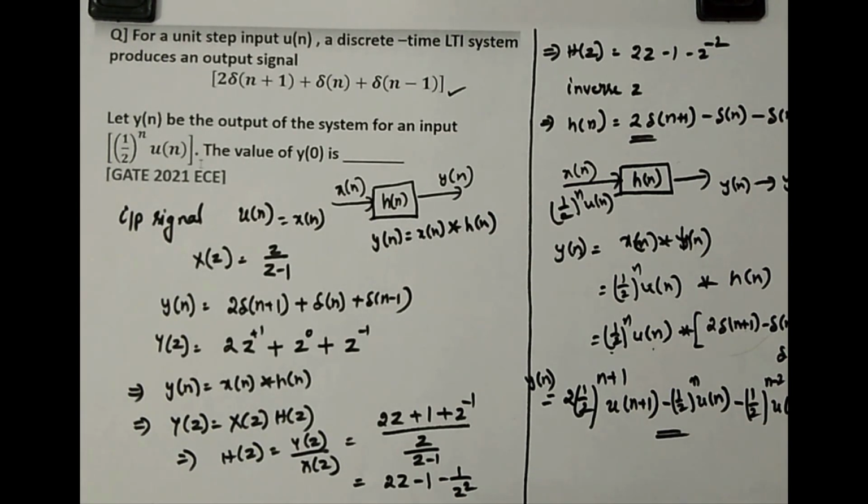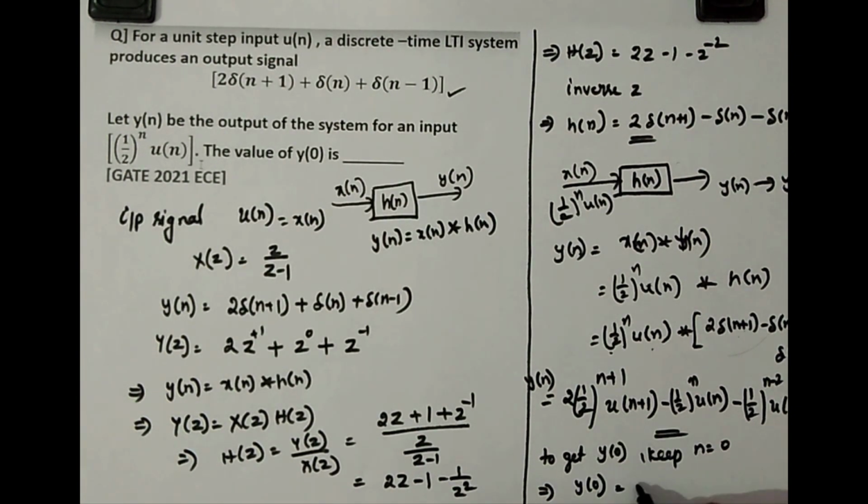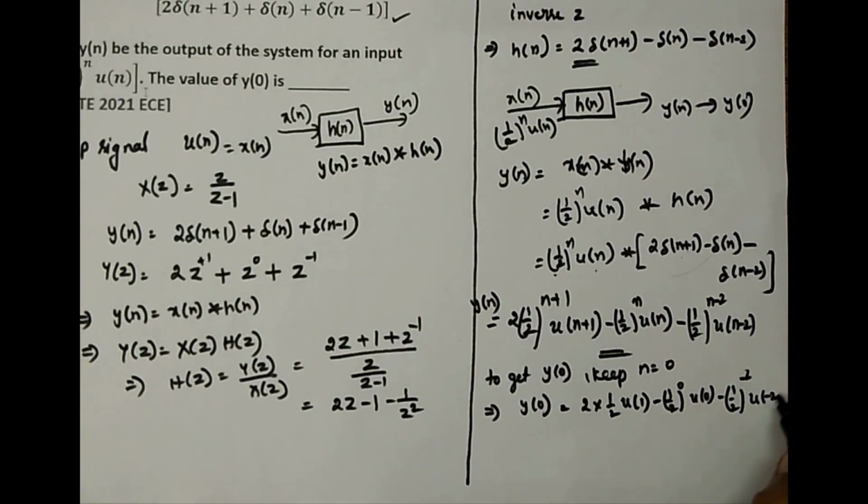Then how to get y of 0? Simply put n equal to 0. y of 0 equals 2 into 1 by 2 into u of 1, minus half power 0 u of 0, minus half power minus 2 into u of minus 2.